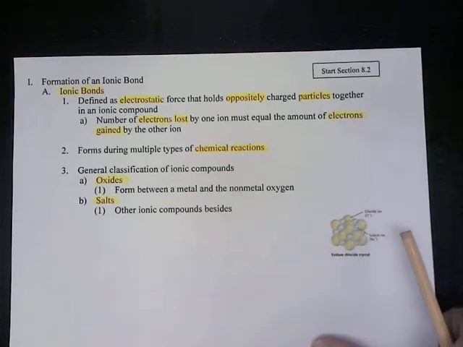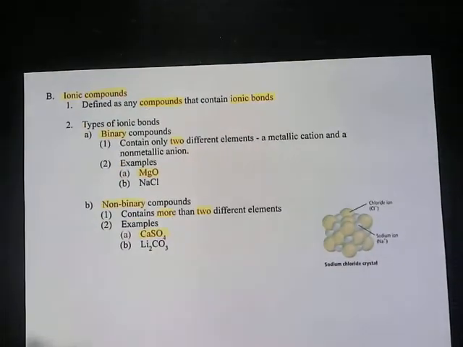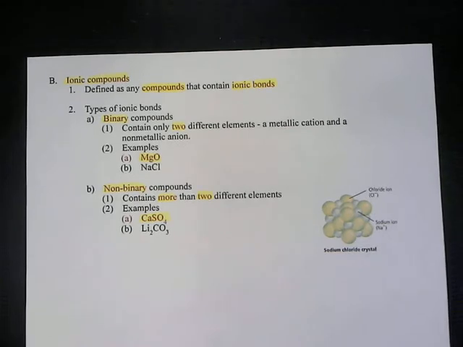Now let's talk about an ionic compound. An ionic compound is any compound that contains an ionic bond, so keep in mind what we talked about with the ionic bond from our last page of notes. With our ionic compounds, we can have two different types.